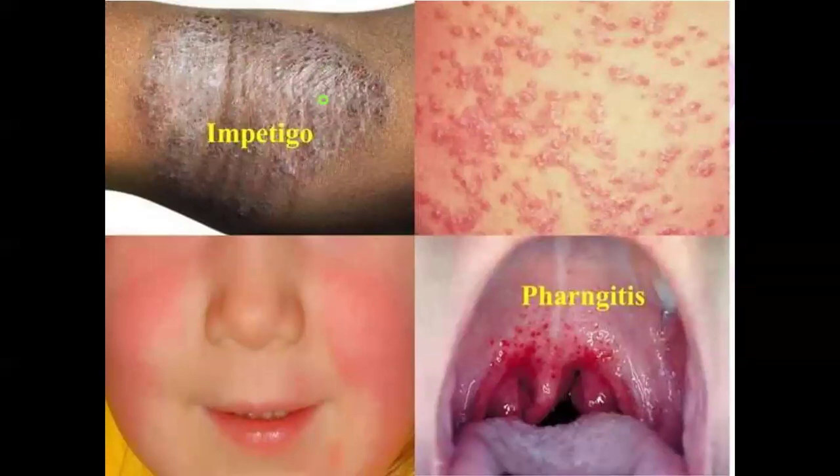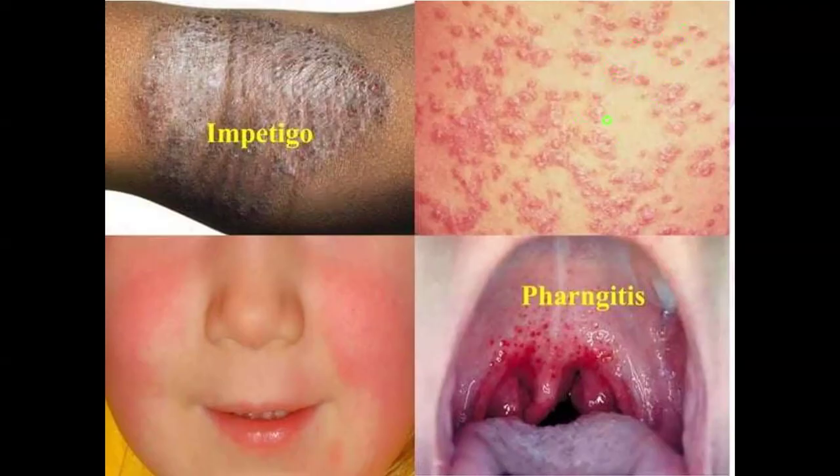This is the impetigo that I was saying, as you can see on the skin. And then these are the rashes. Normally, it causes something known as scarlet fever. Scarlet fever is where you have a sore throat, then after the sore throat, you have these rashes.